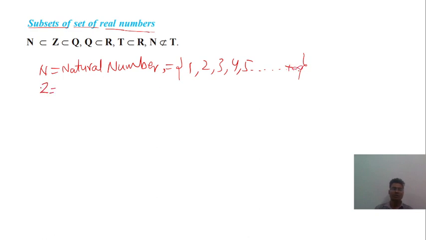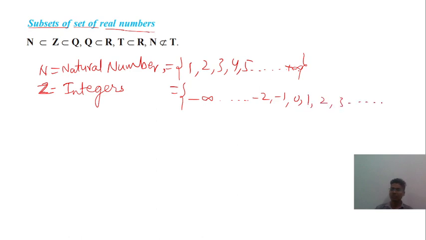Z is the integers. What are integers? From negative infinity to -2, -1, 0, 1, 2, 3, up to positive infinity. This is the set of integers. Q is the rational numbers.